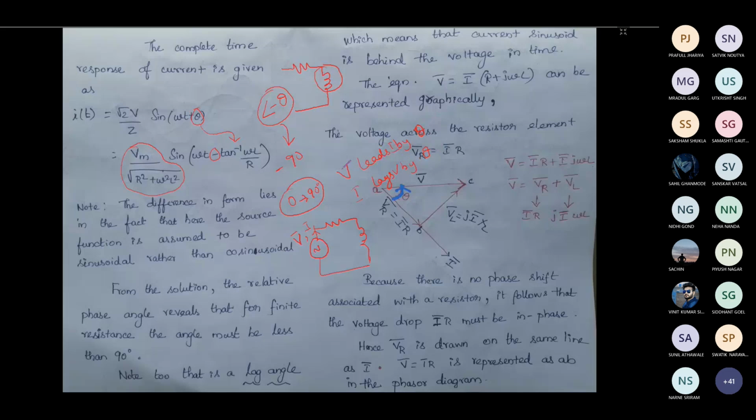So here the point to be noted here is we are talking about source voltage and the source current. But when you are talking only about the inductive voltage and inductive current, here if you are relating VL and the current flowing through this, here it is always the current.